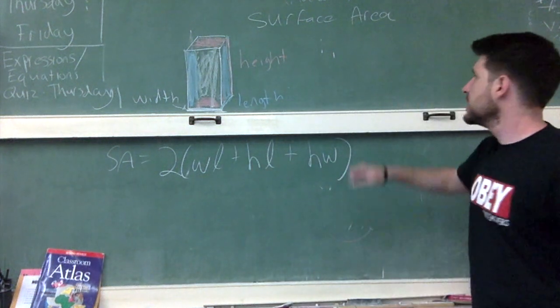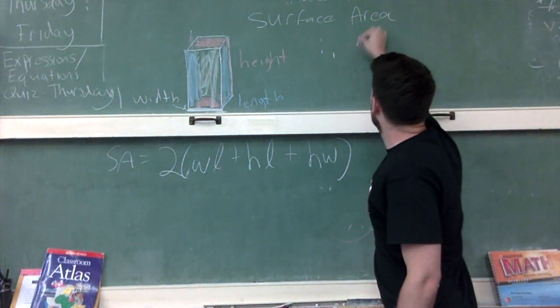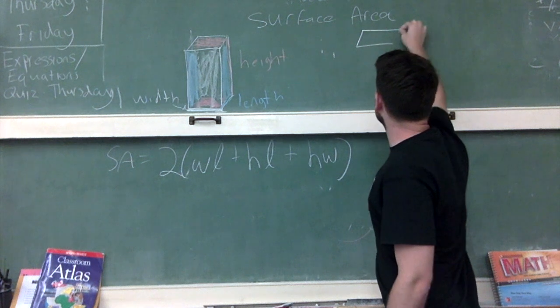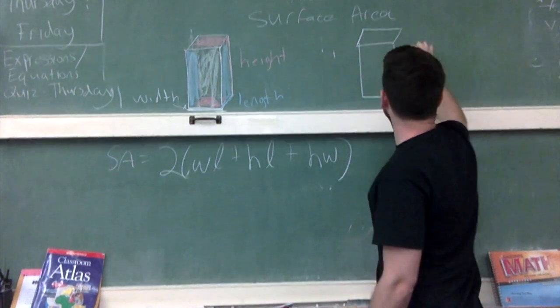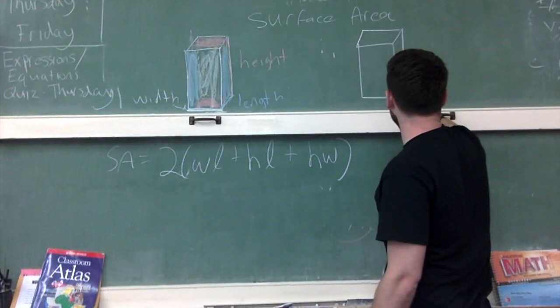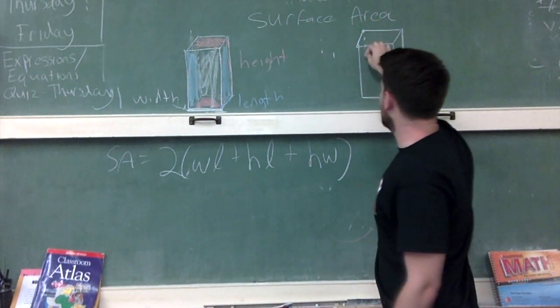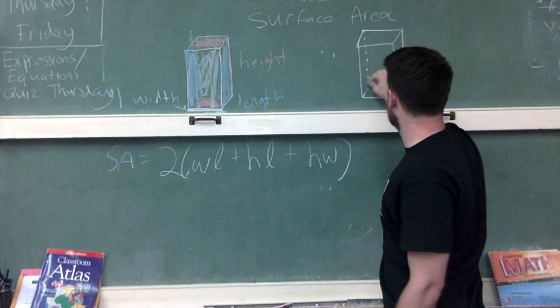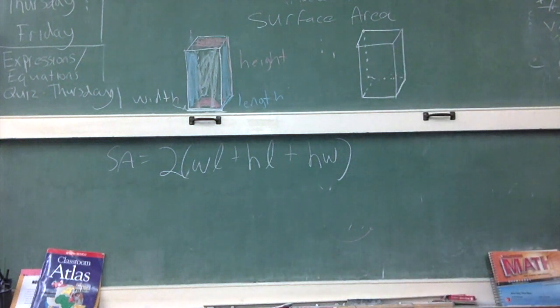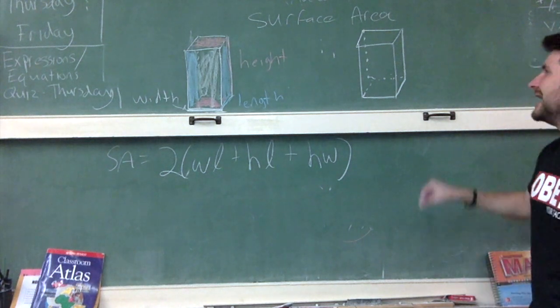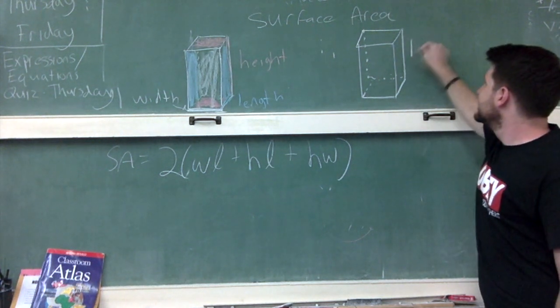Hard to find a good piece of chalk. Alright, I'm going to draw out this prism right here. So here is this prism right here. And I'm going to bring this dotted line down. Okay, so let's give this guy some measurements. Let's make our height 10.